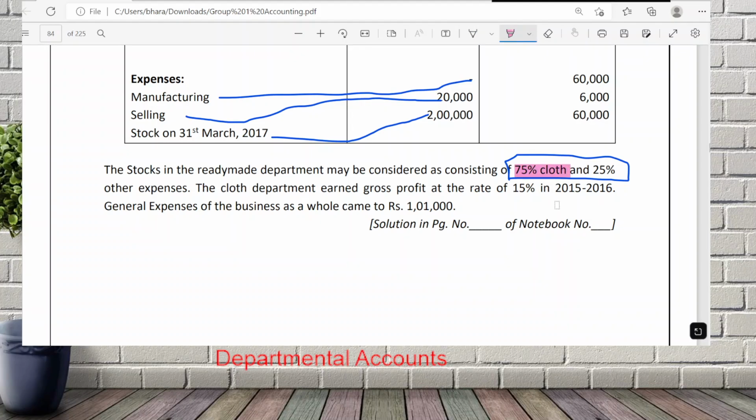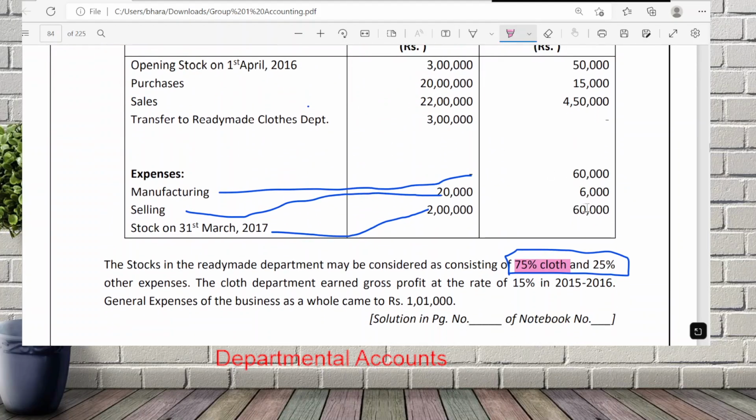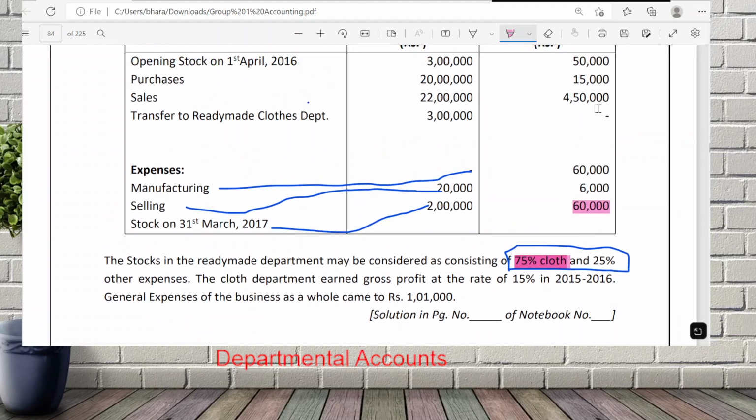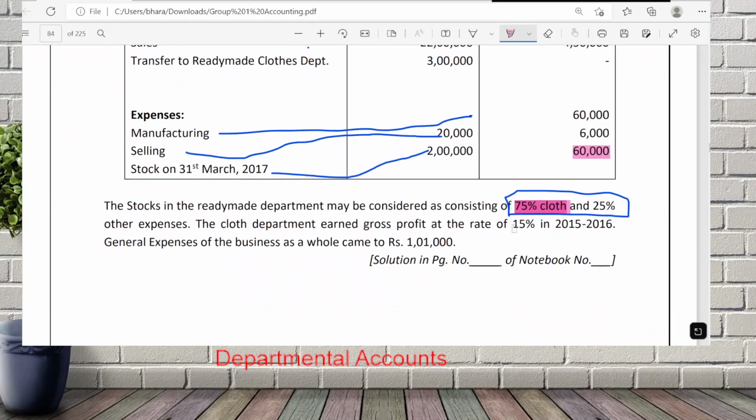For example, let us assume the stock is 60,000. Of the 60,000, 75% is only cloth, so you remove loading only for 75%. The remaining 25% is my manufacturing expenses. In the same way, in the opening stock, 75% is the transferred cloth and the remaining is my manufacturing expenses.